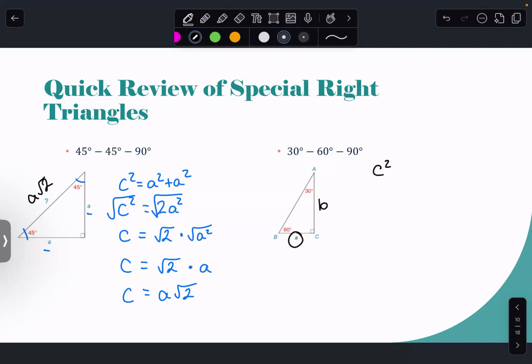So again, using the Pythagorean theorem, I don't have much information right now, but what I do know is something kind of cool. If I go ahead and make another one of these, what do you guys notice? This would be 30, and so would this, so that whole angle would be 60 degrees.